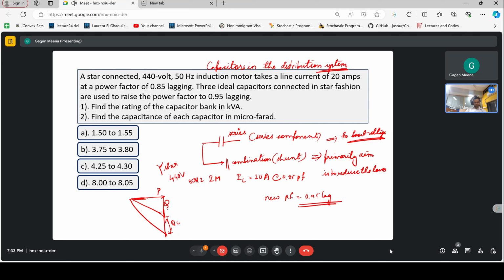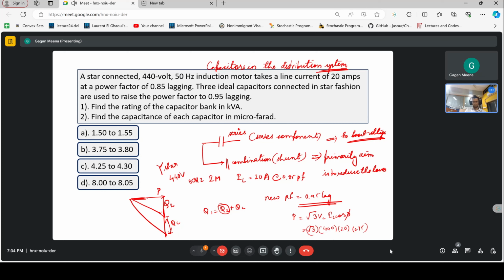Cos phi is 0.85. So Q we can calculate as P tan phi 1.